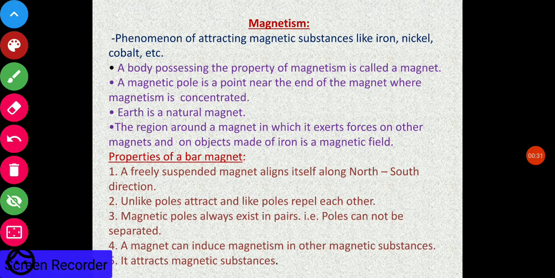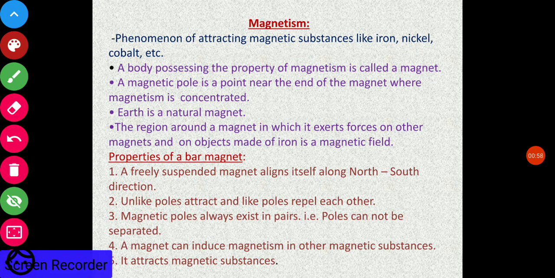Now, magnetism. As you all know, magnetic substances like iron, nickel, cobalt, etc. are attracted by a magnet. So any body possessing the property of magnetism is called a magnet. A magnet is a material which attracts all other magnetic substances.